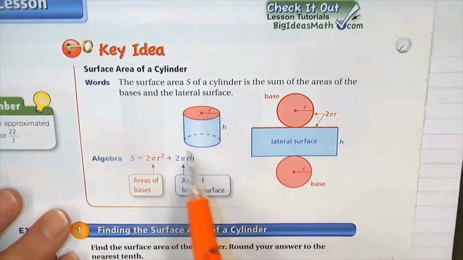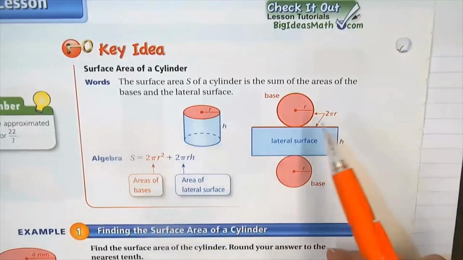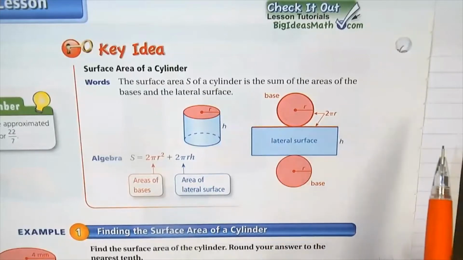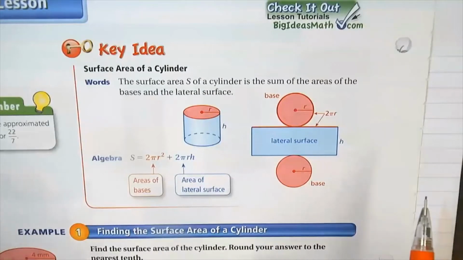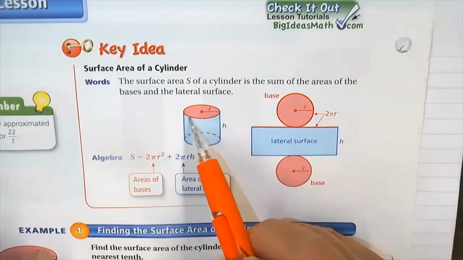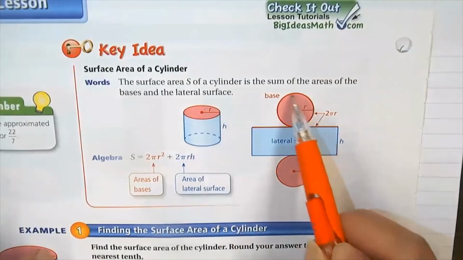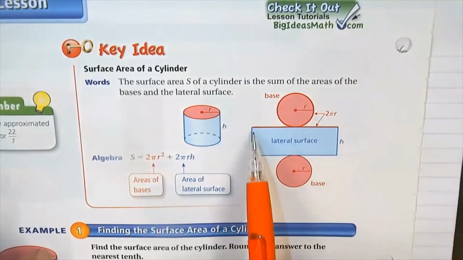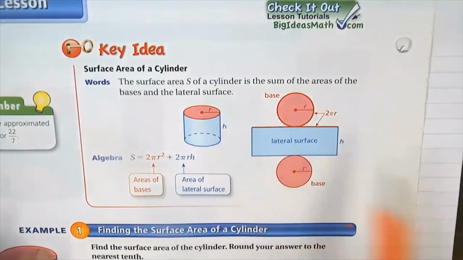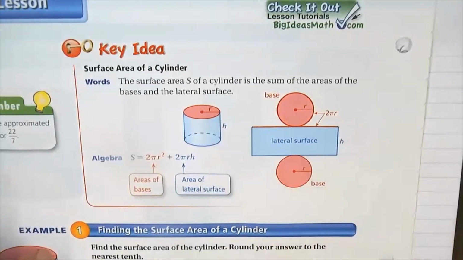So when we take this 3D image of a cylinder and we unfold it, we have two circle bases and a lateral surface. And something I want you to notice, the circumference of this circle becomes the length of the lateral surface. It becomes the length of this rectangle.